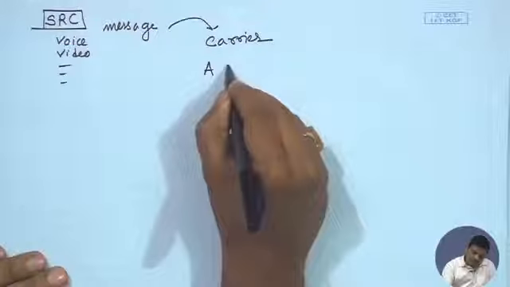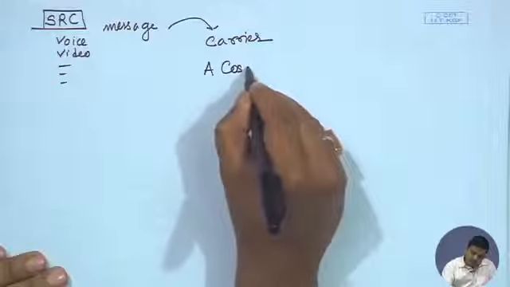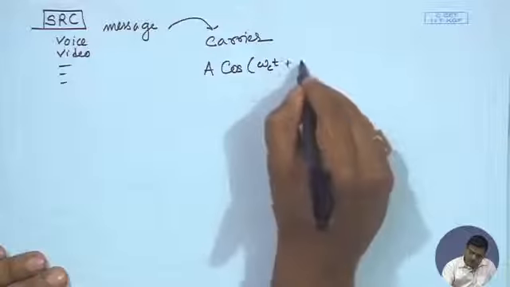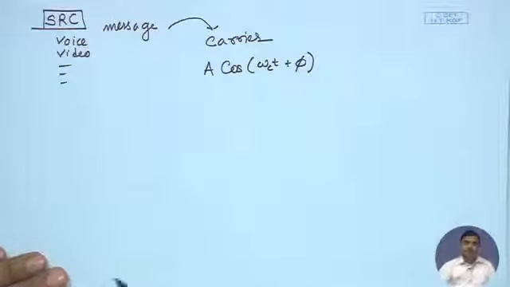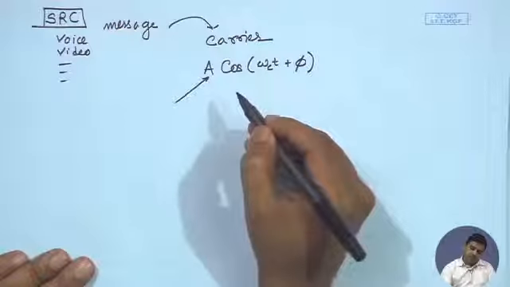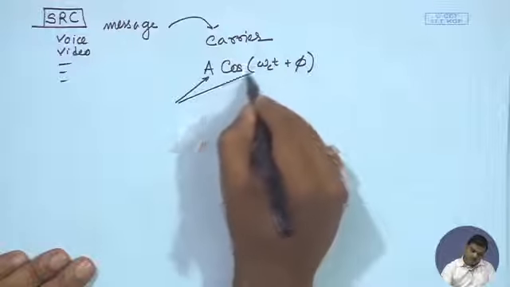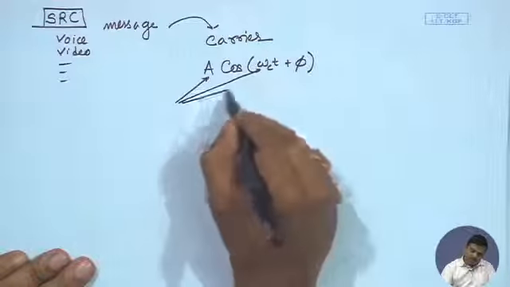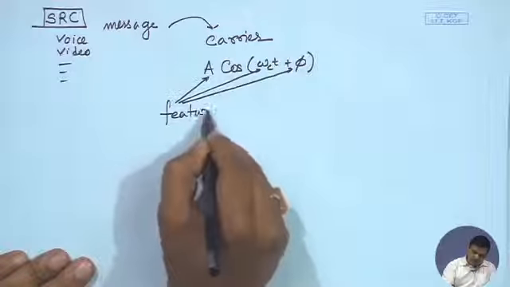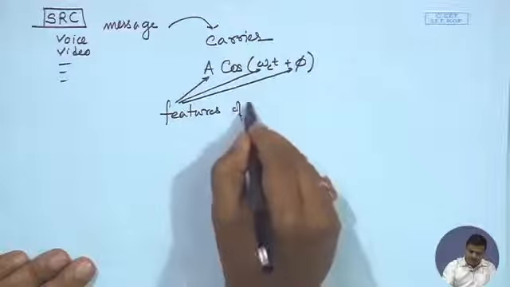You could write it as A cosine omega c t plus some phase. This is the typical expression which you are used to, and this is the amplitude, this is the frequency, and this is the phase. These are different features of the carrier.